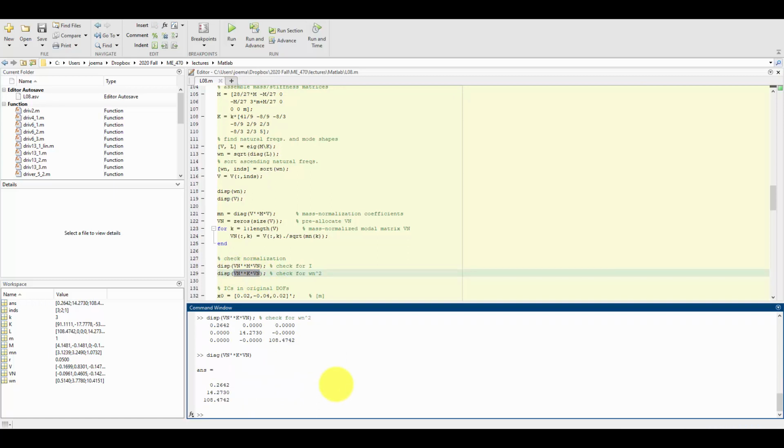Right, so those are the squares of our natural frequencies, or we can check that. If we take the square roots, 0.51, 3.778, 10.4, and let's go back to our Wn, and they match. So yes, this is the correct mass normalized modal matrix that, when we multiplied it with the M and the K, got us what we expected. And that's crucial because that algebraic fact is going to factor into using principal coordinate analysis in the next steps.